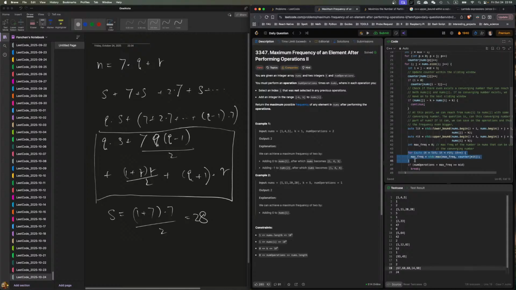I need to know, given a range, what is the maximum in this range? That's what I need to know. Because these two are log n, because they are binary search. I think it's fine.